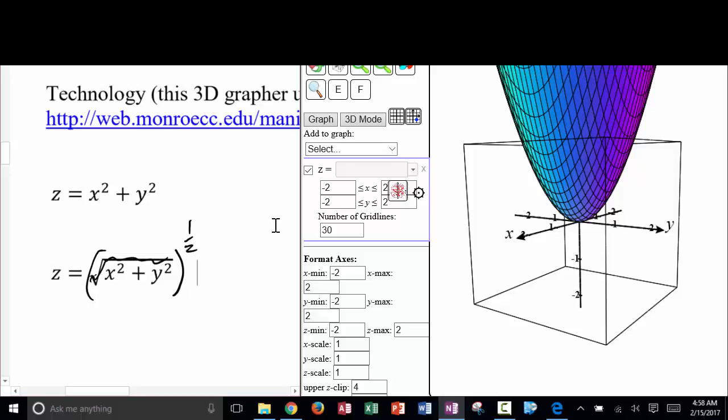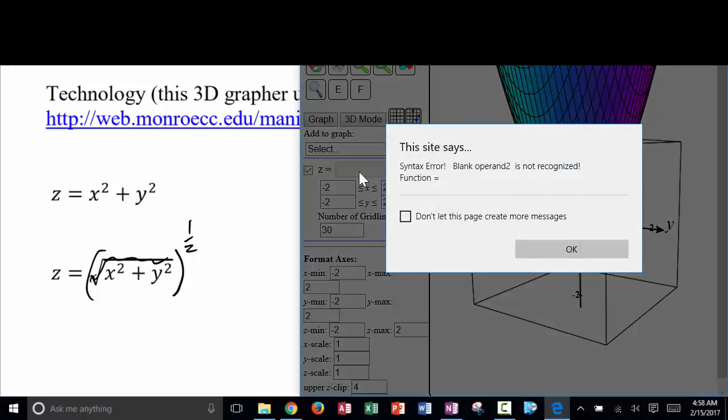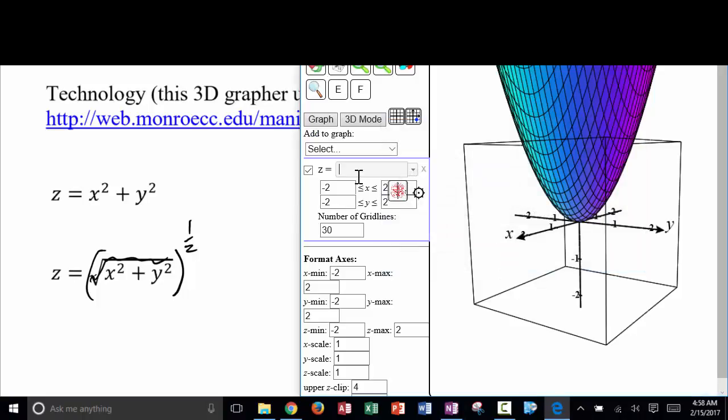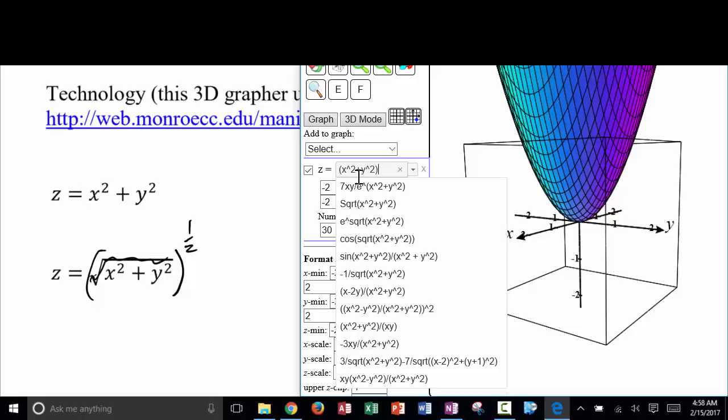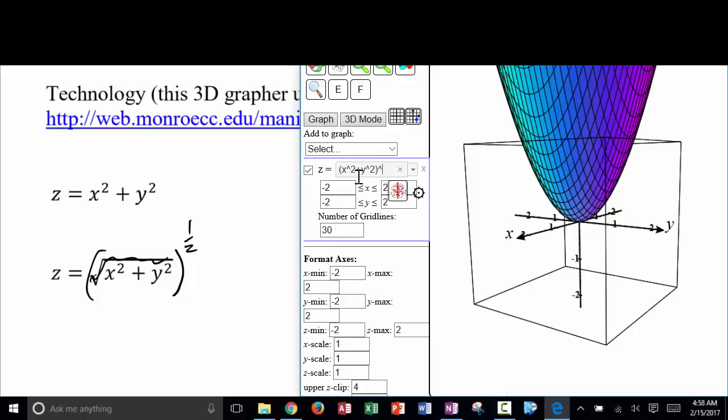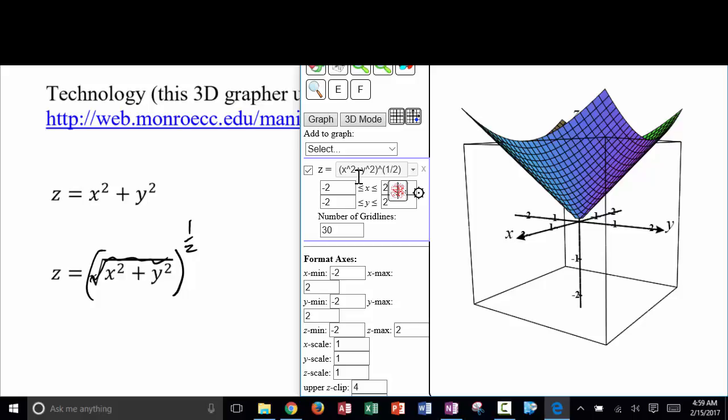So therefore, what I'm going to do is rewrite this as parenthesis, x squared plus y squared, all raised to the power. Now, the trick to the 1/2 is we have to use parentheses, 1 divided by 2. All right, so now when we hit enter, pretty cool.